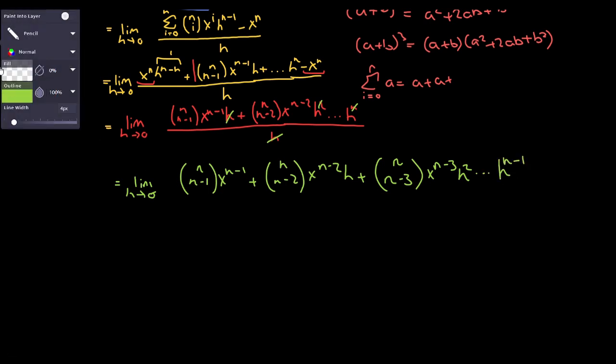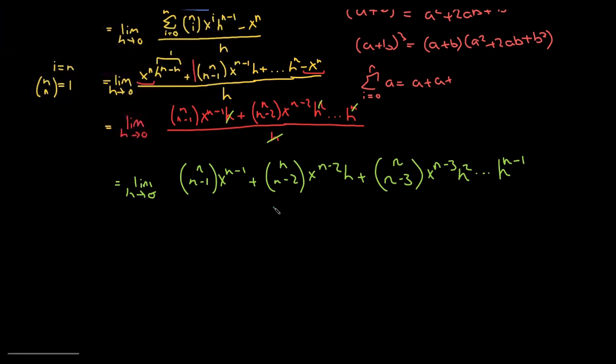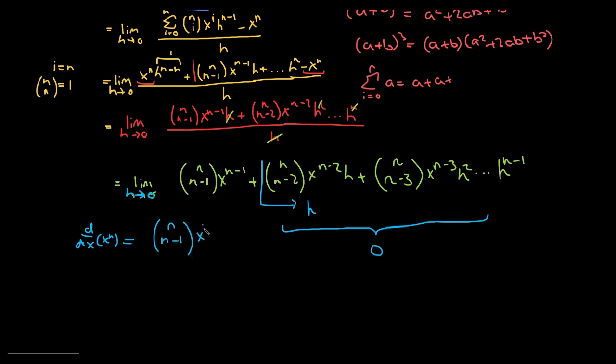And so now you may notice that all of these terms from here on out contain an h. So actually what we can say is, because we have a limit that h approaches 0, that we can just say that all of these terms become 0, which just leaves us now with this, and already the exponent is correct, right?